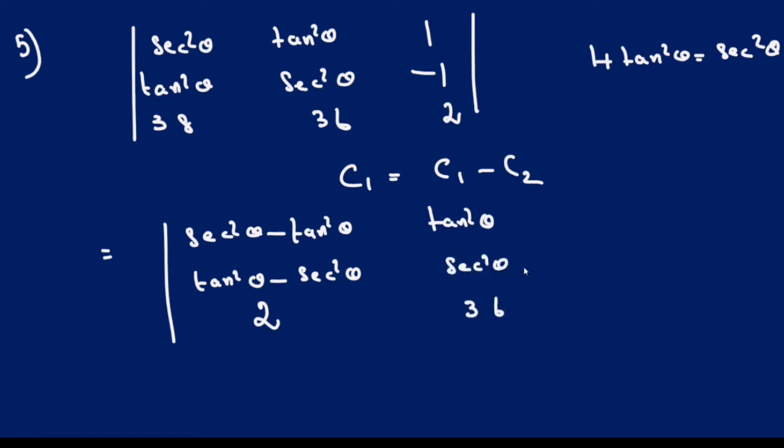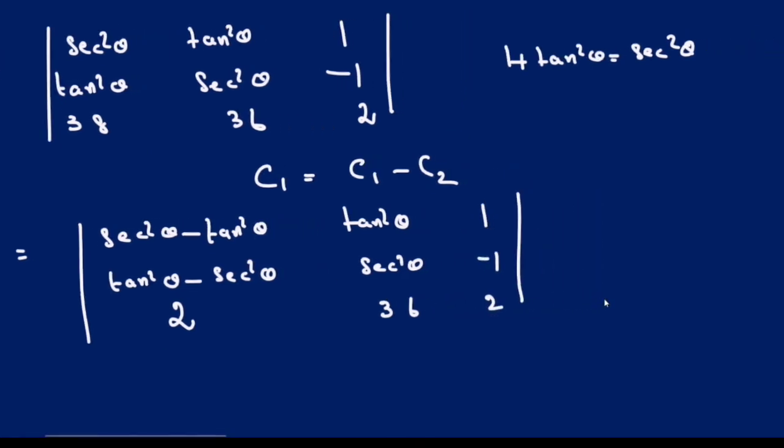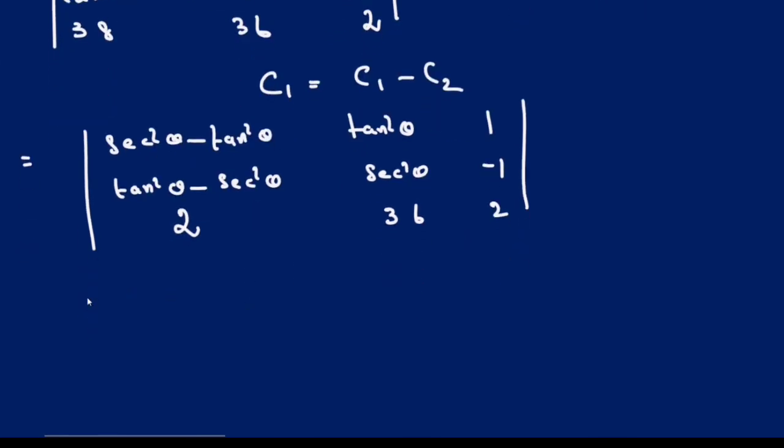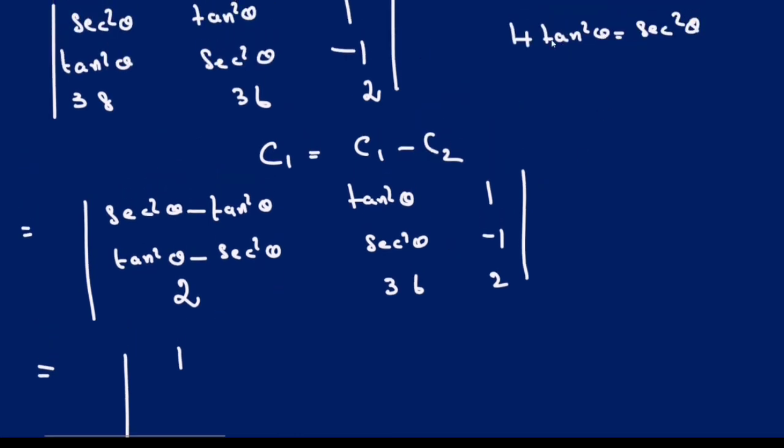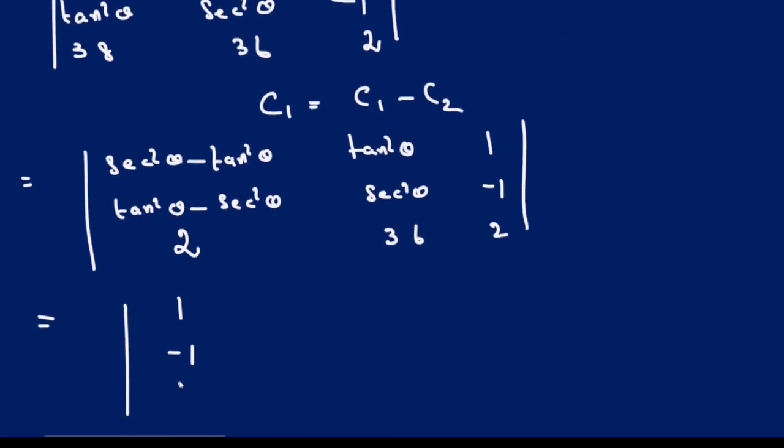Third column 1 minus 1, 2. Now tell me, what is secant square theta minus tan square theta? 1. What is tan square minus secant square theta? Minus 1. Tan square theta, very good, 0. Why is it 0?